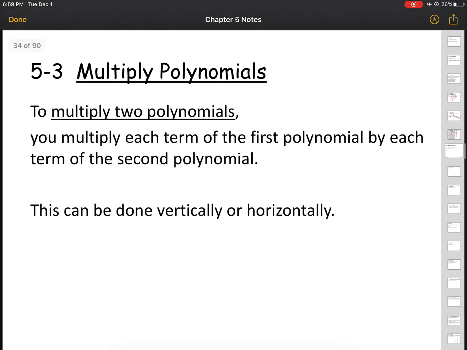But say we want to multiply them, okay? In order to multiply two polynomials, you multiply each term of the first polynomial by each term of the second polynomial. And you could also do this either vertically or horizontally.